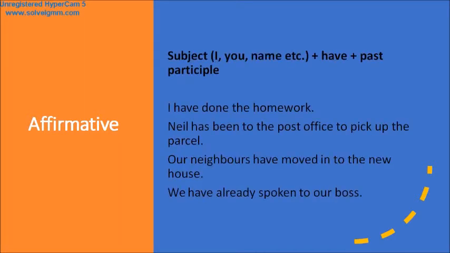The affirmative form is made in accordance with the template subject, which is I, you, or proper name, and so on, plus have, plus past participle. Remember that in third person singular, the form of the auxiliary verb to have is has.